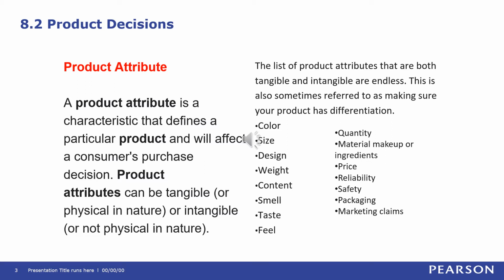Okay, so from the list here, you can see some of the product attributes could be seen by the choice of color, the design, the content, the taste, the quality, price, the packaging, and the marketing activities related to the product.